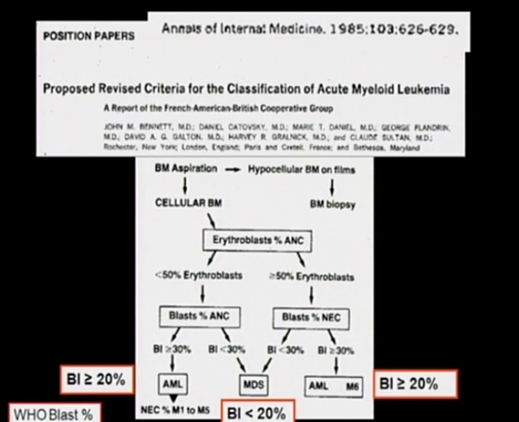So we will go in detail. Respect to the original paper, nowadays we need the blast percentage of 20% as a threshold in the diagnostic pathway in the differentiation between MDS and acute myeloid leukemia.